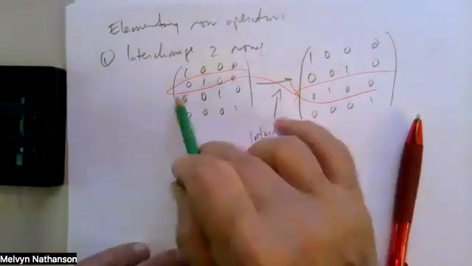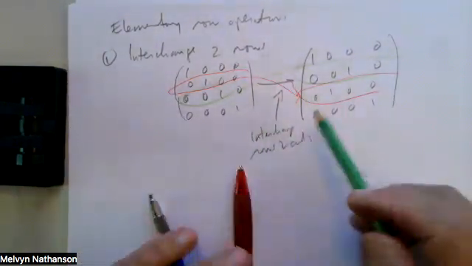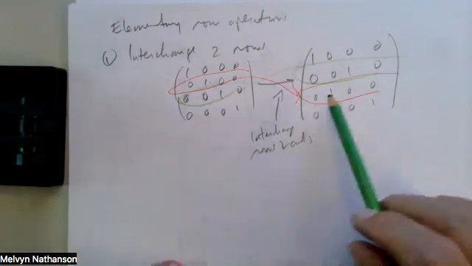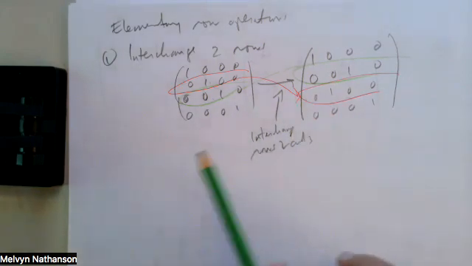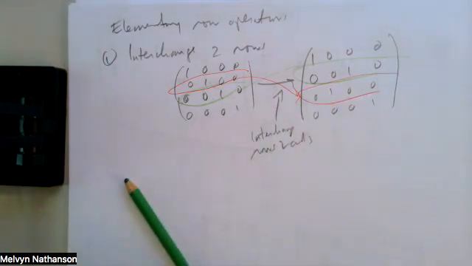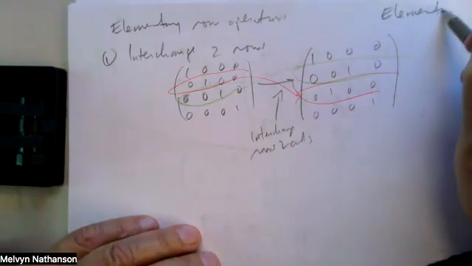Here's row 3. In the new matrix, it becomes row 2. So here I interchange rows 2 and 3 in the identity matrix. And this new matrix is an example of what I'm going to call an elementary matrix.